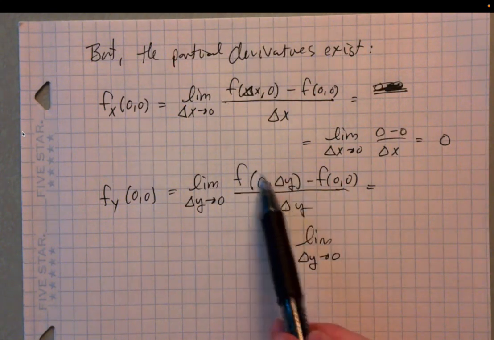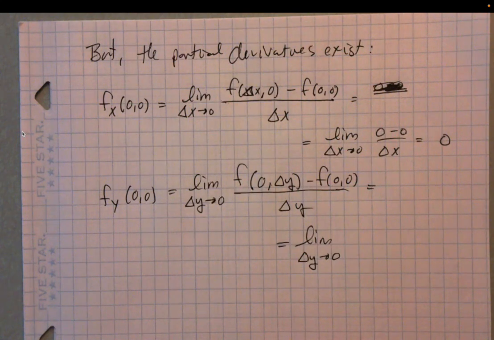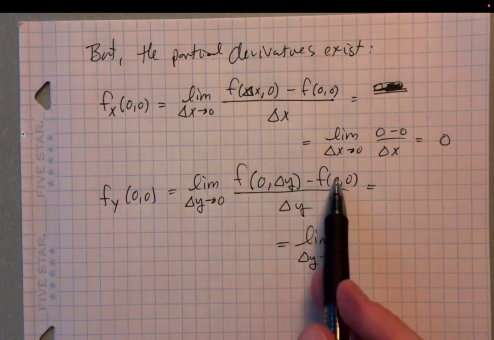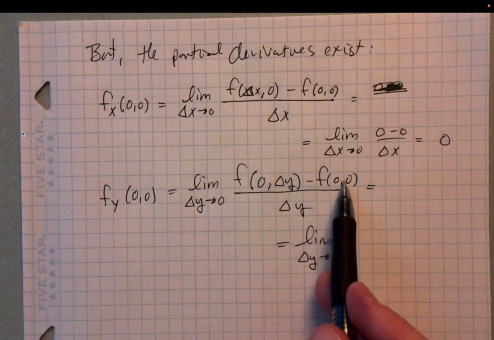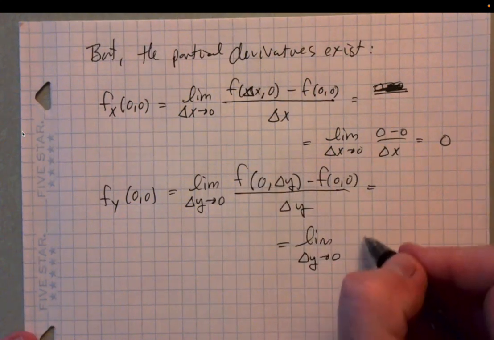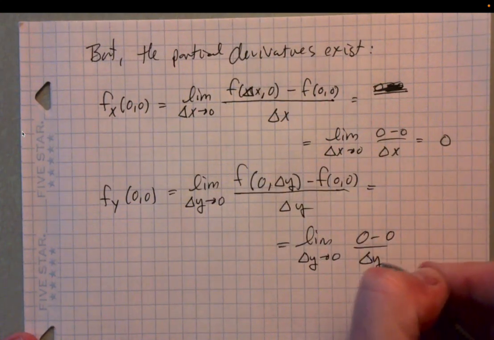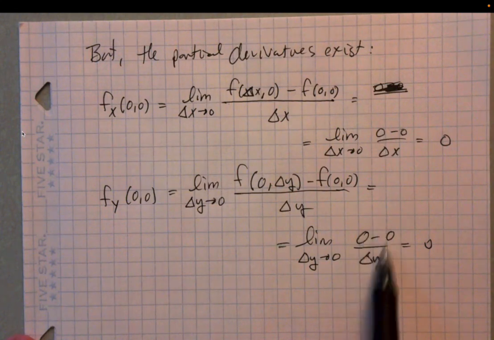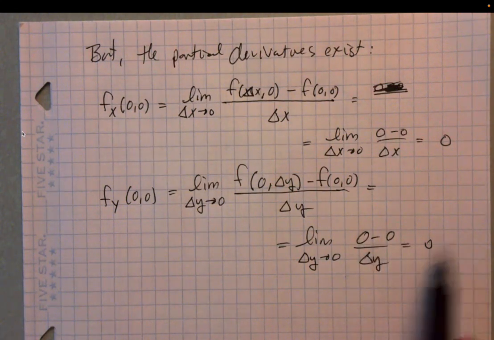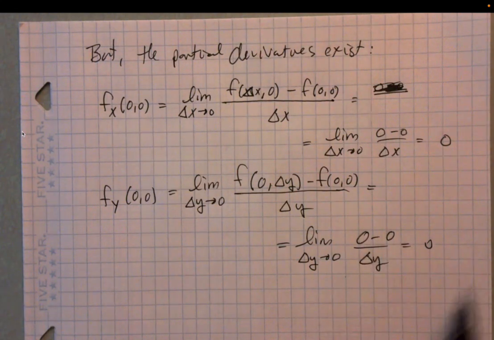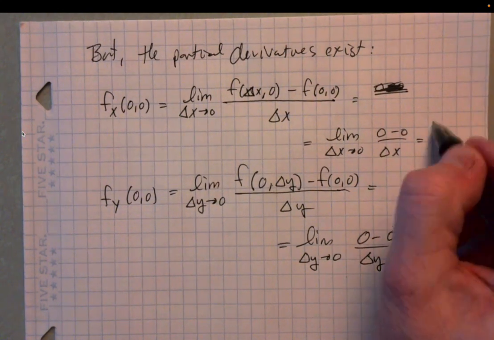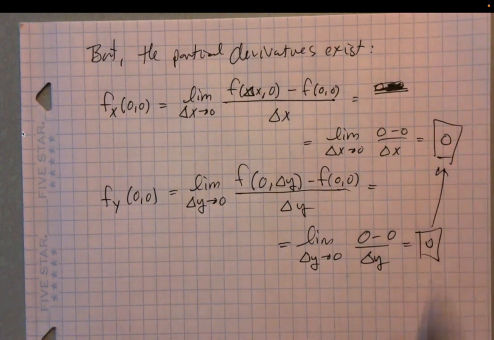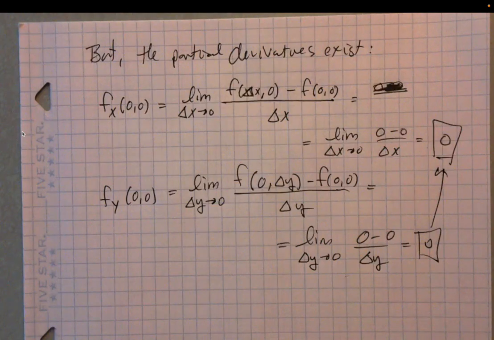This one is 0 because anytime you have a 0 as an x, you're going to end up with a 0 in the numerator. So you get a 0 in the numerator here, you get, by definition of the function, a 0 here. Right? So this is 0 minus 0. Okay, and so of course you subtract the zeros first, and that makes the whole thing 0 automatically, and then the delta y going to 0 has no bearing, and so again, the derivative exists. And the fact that they're the same is nice too.